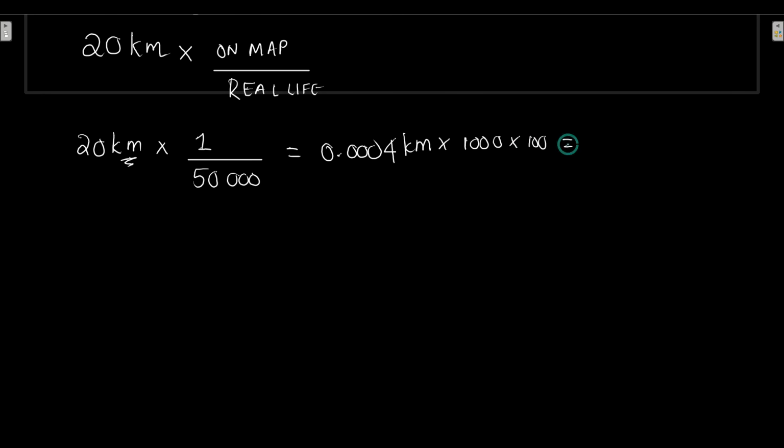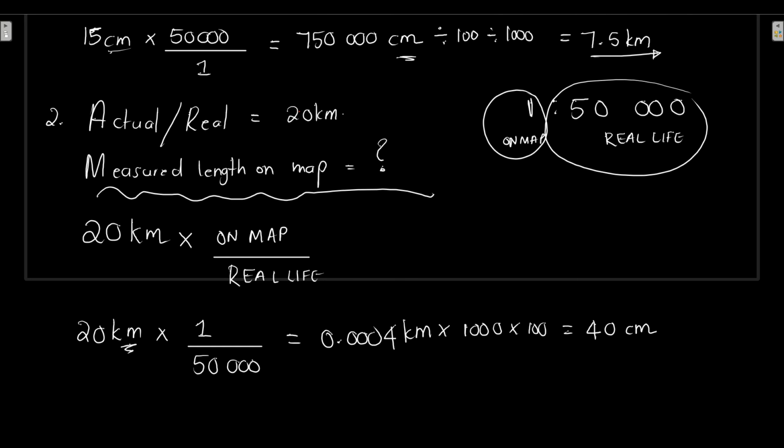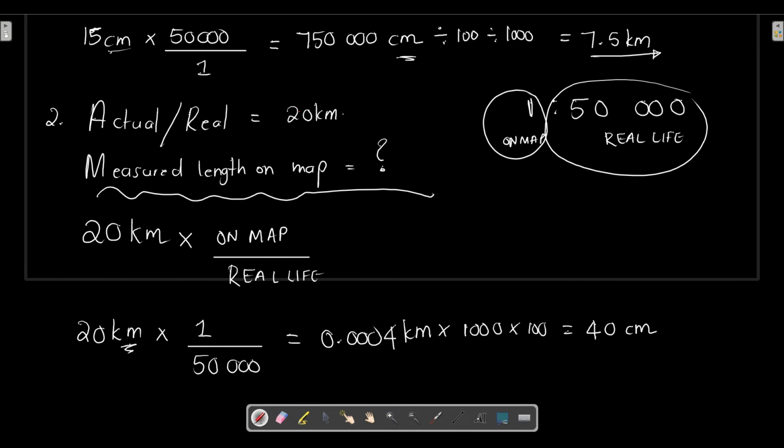This gives us the value in centimeters, therefore it is 40 centimeters. So that is the measured length on the map, and that is our answer. The measured length on the map is 40 centimeters in this case, but the real life distance was 20 kilometers.